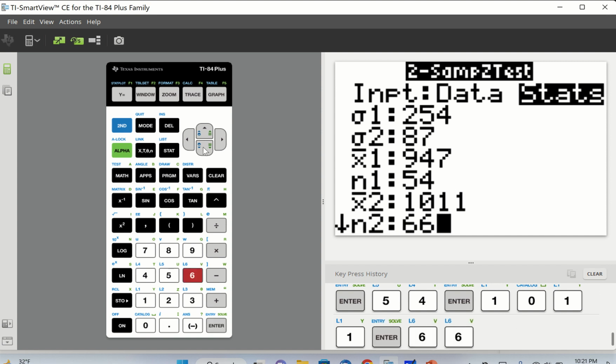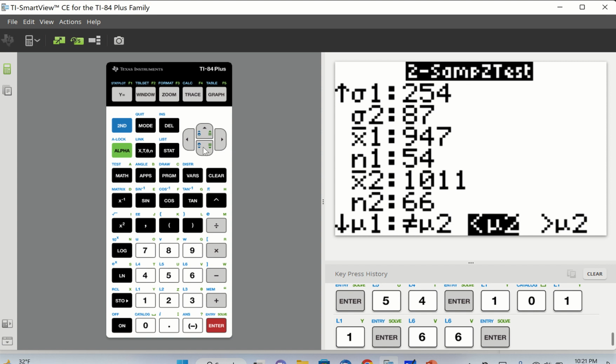You basically type in and hit enter each time. And now the direction. We are checking to see if the means are the same or not, so there's no direction given in terms of greater than or less than. Highlight not equal to for the alternative. This selection is always based on the alternative hypothesis. Highlight that, hit enter. So we selected not equal to.